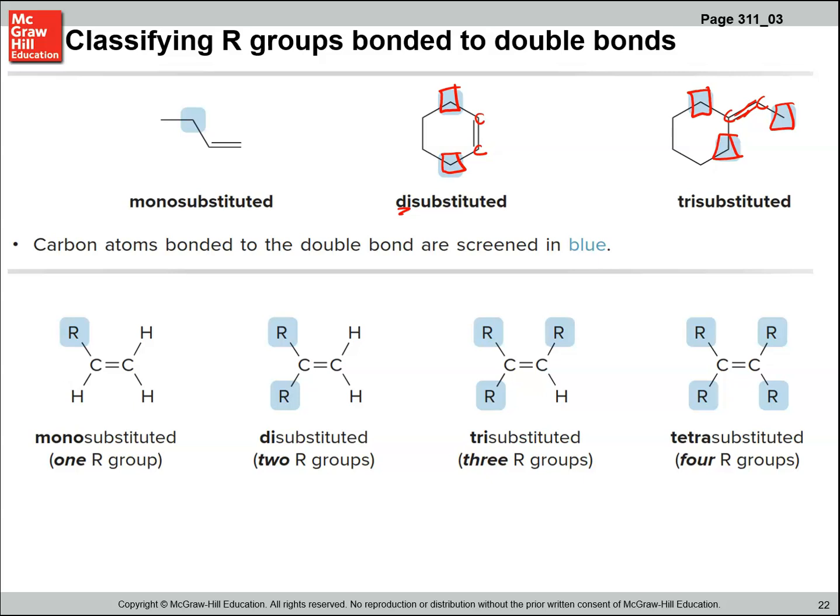We can have mono, di, tri, and tetra substituted groups. The reason we need to identify and define those, and provide vocabulary for them, is that the next step is to understand which one is going to be more stable, and it determines which beta carbon we're typically taking our hydrogen from.